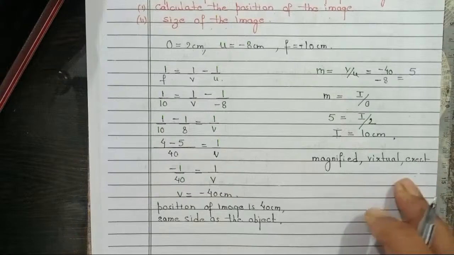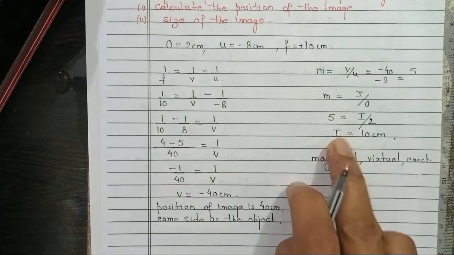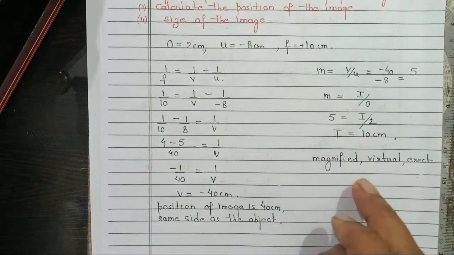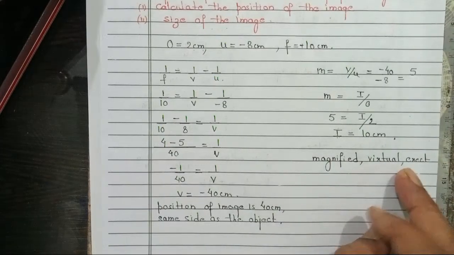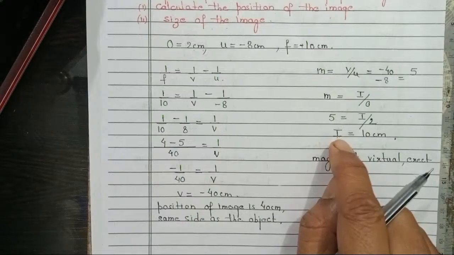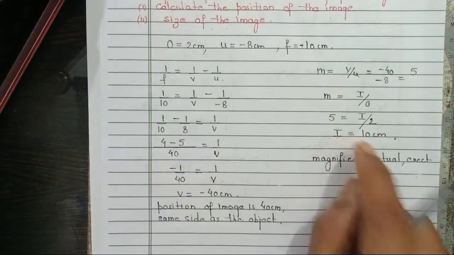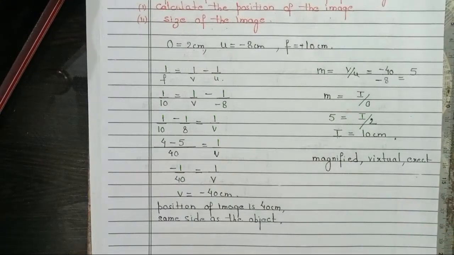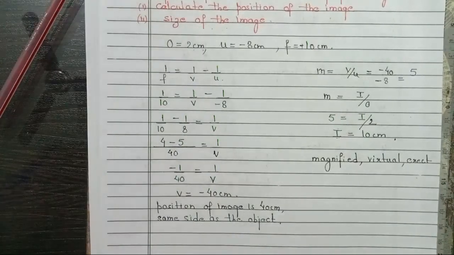So whenever you do the calculation and you get I, that is the size of the image, as positive, it means the image is virtual and erect. But if you get I as a negative term, then remember the negative shows that the image is real and inverted. So these numericals are clear to you, so you can try these ones.